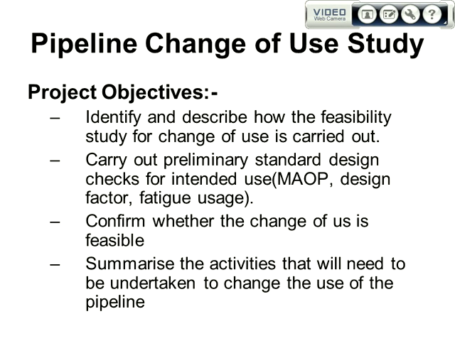Then you've got to explain what other things need to be done, and you've got to say, do you think the change of use is feasible? And that is your engineering judgment, based on what you've looked at. Your recommendation to the operator.